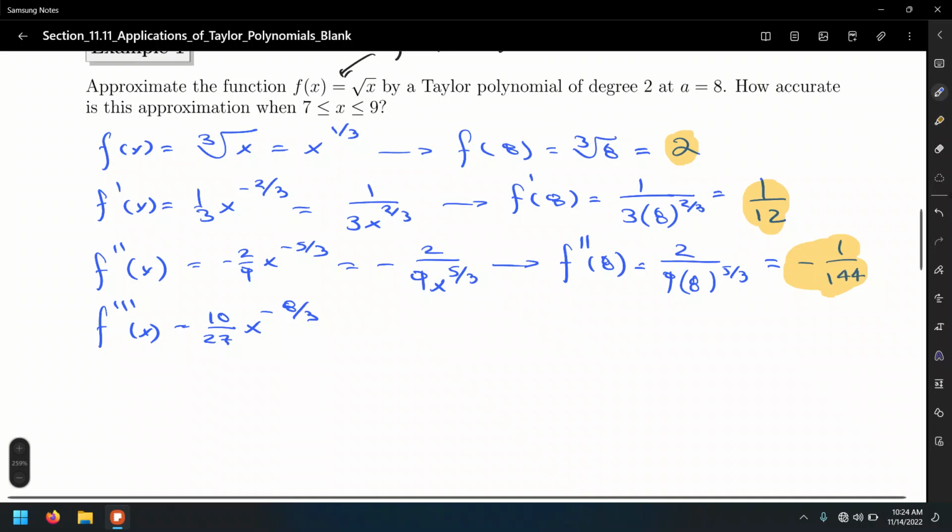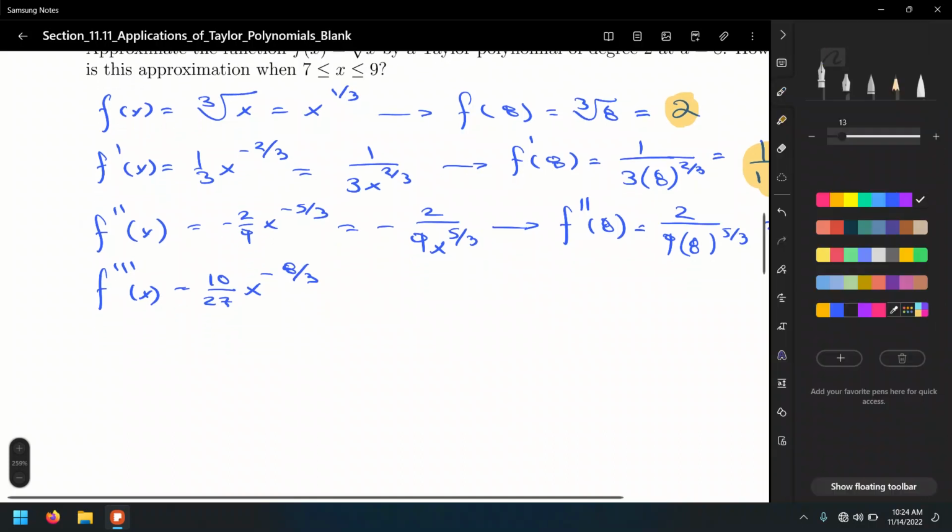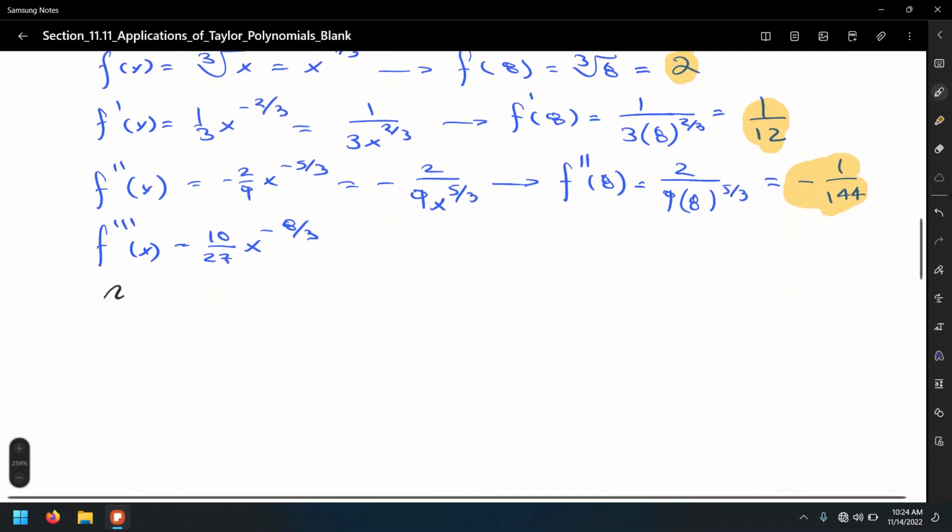Well, so let's set up T sub 2 of x equals f of 8 plus f prime of 8 times x minus 8 over 1 factorial, which is 1. Over here I was supposed to write x minus 8 to the 0 power over 0 factorial, but all that simplifies to 1.